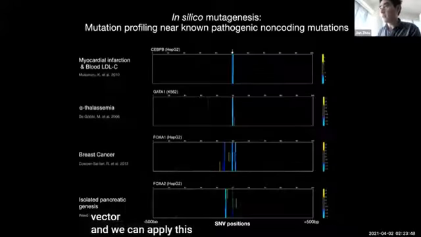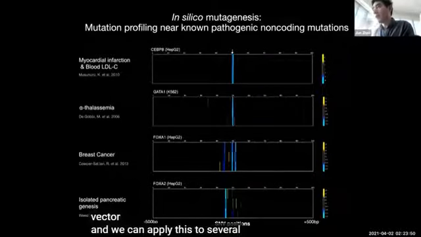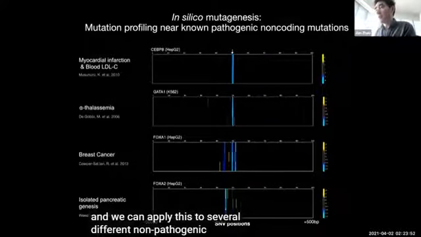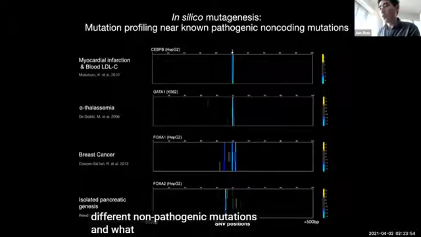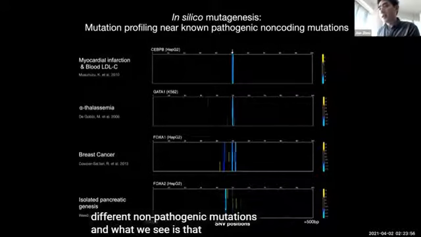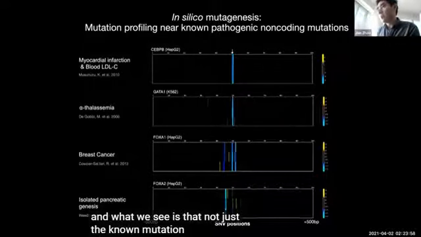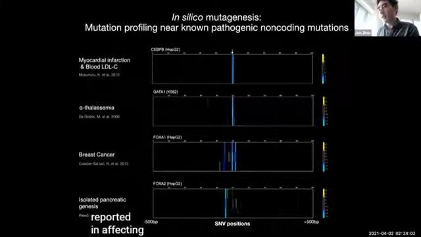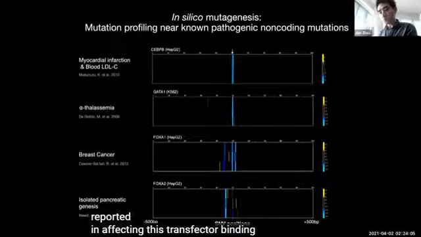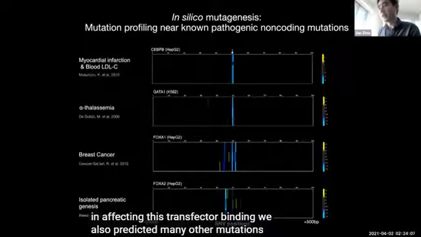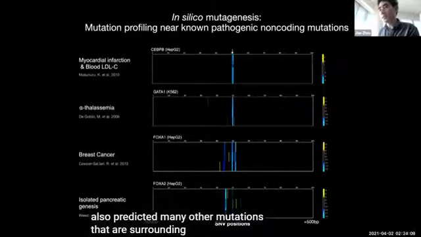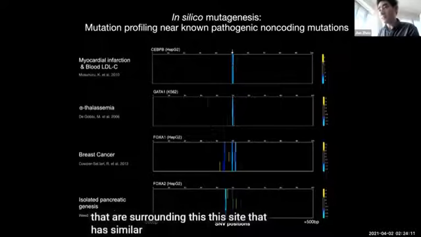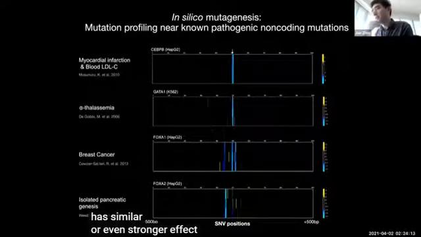And we can apply this to several different known pathogenic mutations. What we see is that not just the known mutation has the impact that's reported in affecting this transcription factor binding. We also predicted many other mutations surrounding this site that have similar or even stronger effect.